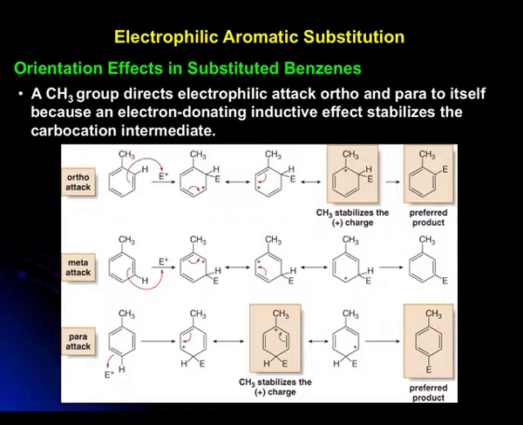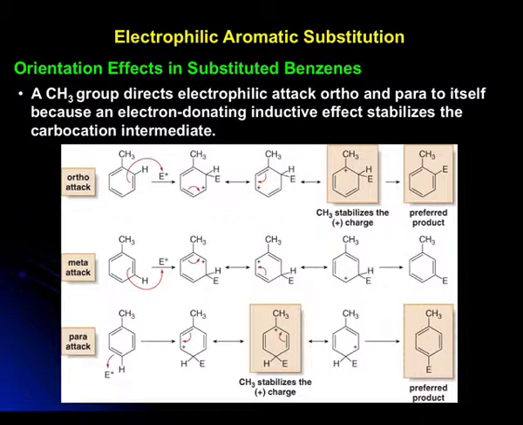When we draw the resonance structures, what do we see? What do we notice that's stabilizing about that? It's in the red box, or the brownish box, whatever that is. I have a tertiary resonance stabilized carbocation.